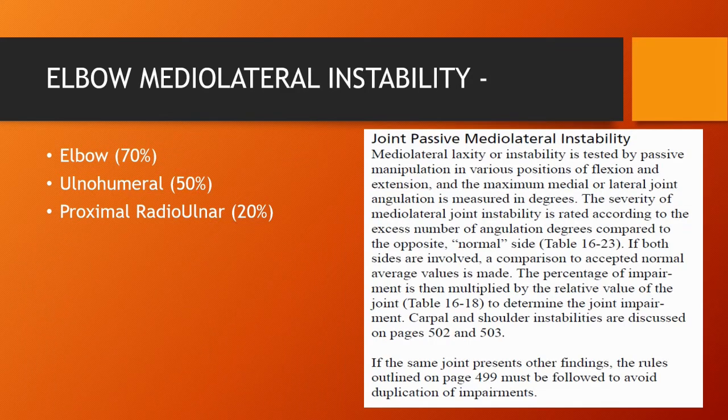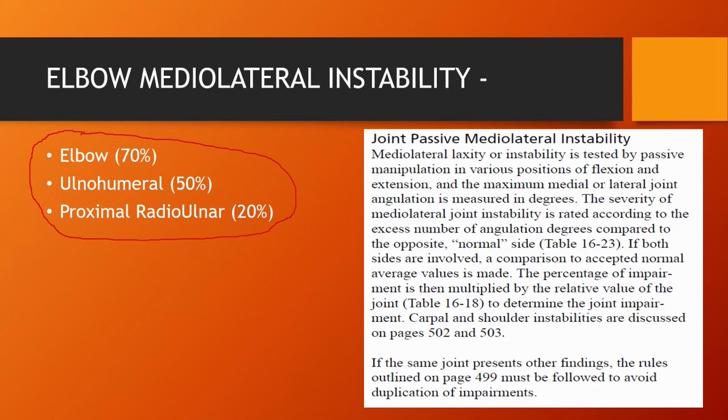With elbow passive mediolateral instability, again, we're going to get a percentage of impairment of the elbow joint, and we're going to multiply it by the ultimate value of that joint to arrive at an upper extremity impairment value, which would then be converted into a whole person impairment value. So the Guides tell us that mediolateral laxity or instability is tested by passive manipulation in various positions of flexion and extension.